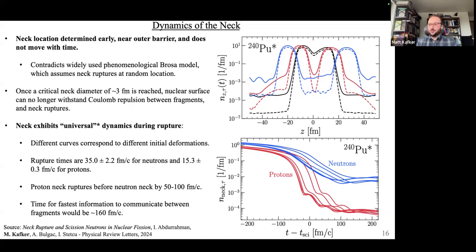You don't have to assign too much meaning to that word other than the fact that you start with very different initial deformations, and the nucleus may do different things as it evolves towards the point of scission. But once you get to scission, these dynamics appear to be the same for asymmetric fission. In future work, we're going to be looking at symmetric fission, and there are some preliminary indications that maybe this does not hold in the case of symmetric fission, but stay tuned for that.